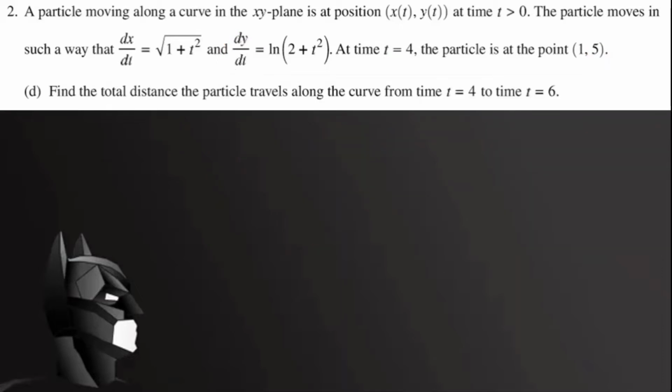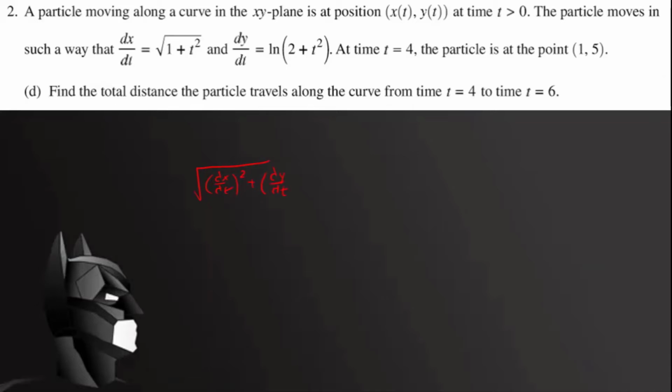To locate the penguin, we need to find the total distance he has traveled so far. You may think that this is incredibly difficult, but given the y-coordinate and the distance that we're about to find, we will be able to catch up to the penguin pretty easily. So how do we do this? We know that the basic speed formula is the square root of dx/dt squared plus dy/dt squared.